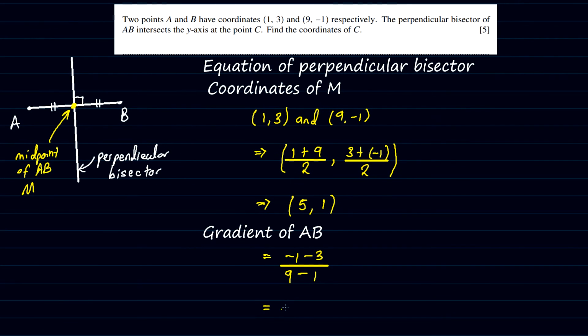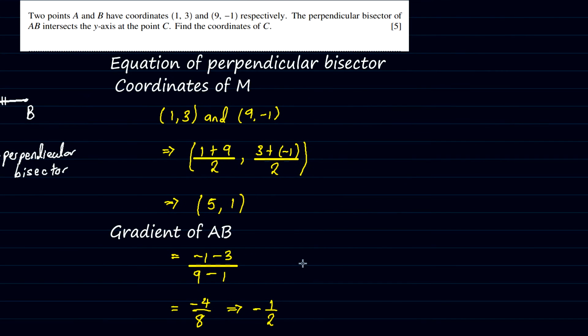This will eventually give me -4 over 8, which is the same as -1/2. Now, the gradient of the perpendicular bisector will be equal to 2. Remember the relationship between perpendicular lines in terms of their gradients. So this should give us 2.